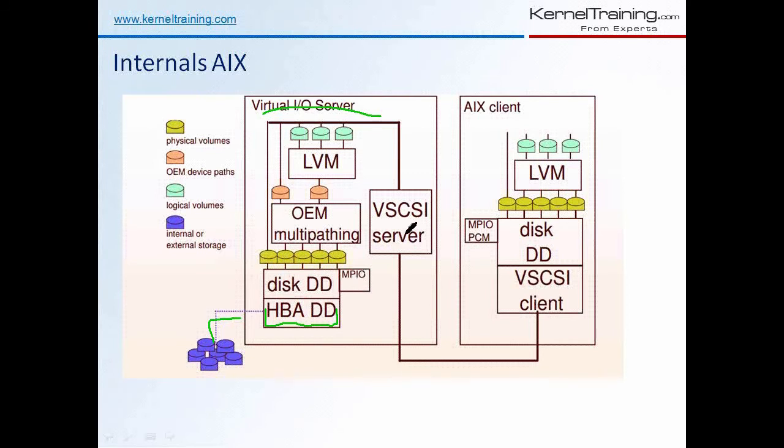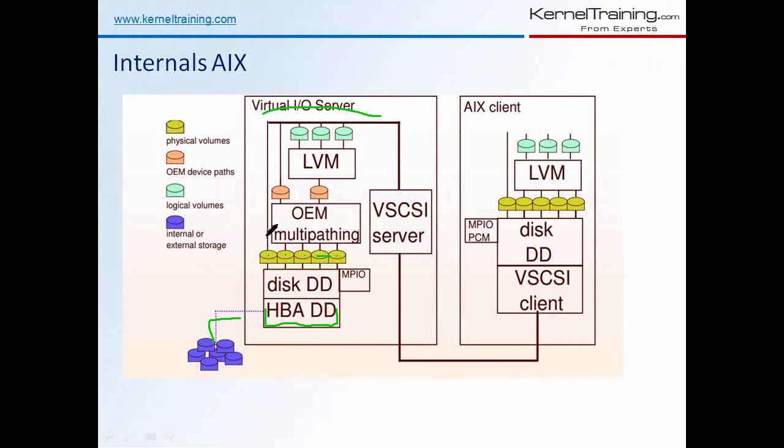You are using the multipathing software here. So you got the disk from the SAN. On top of the disk you can create a volume group, or you can map the disk directly to the server.